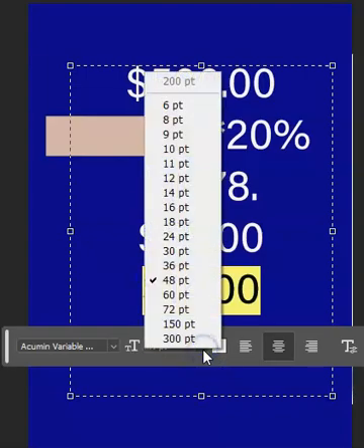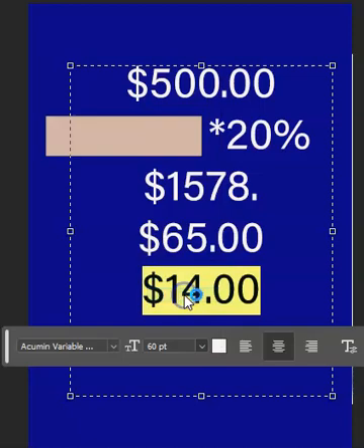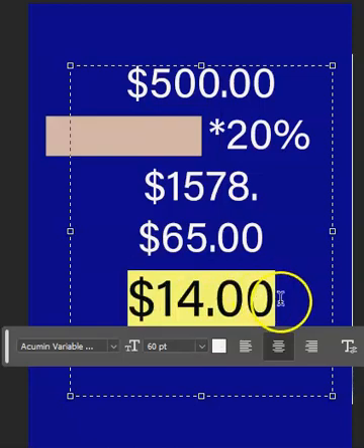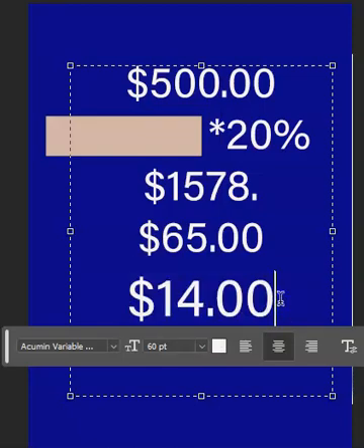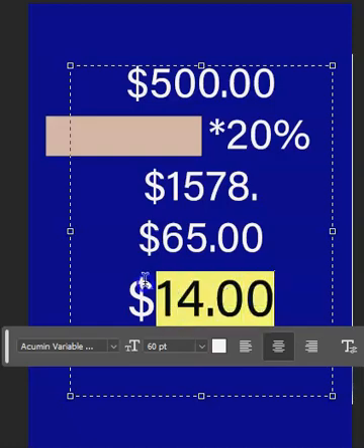I think everybody would agree that $14 is not too much to ask for whenever it comes to taking care of a bill. I can maybe make that even bigger right there, $14.